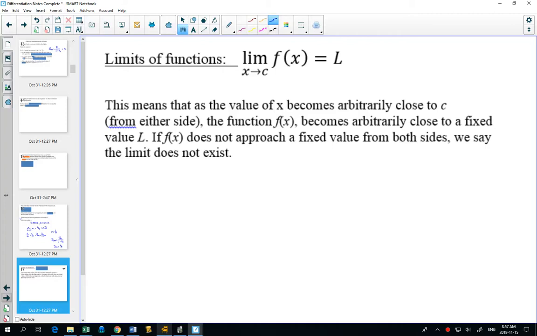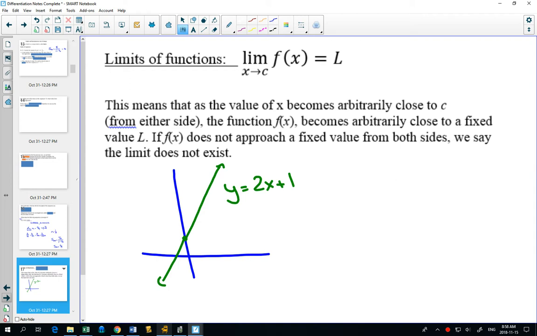So I'm going to do a really simplistic example of a function. Here's my function, y equals 2x plus 1. I can even label it with function notation. f of x is equal to 2x plus 1.